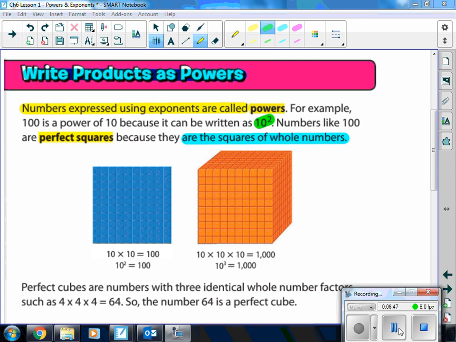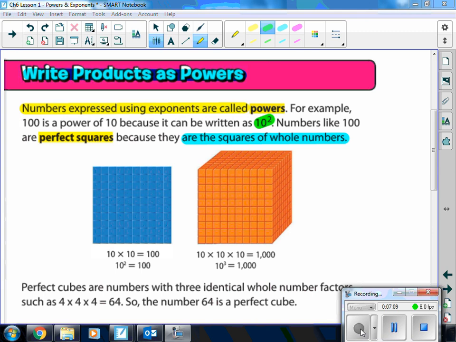Tell me. Go ahead. So 36 is a perfect square because 6 times 6 is 36. What's another one? So 81 is a perfect square because 9 times 9 is 81.